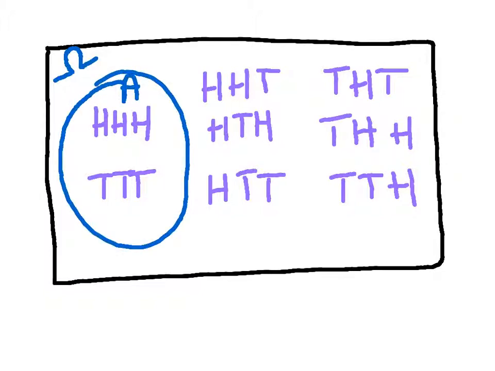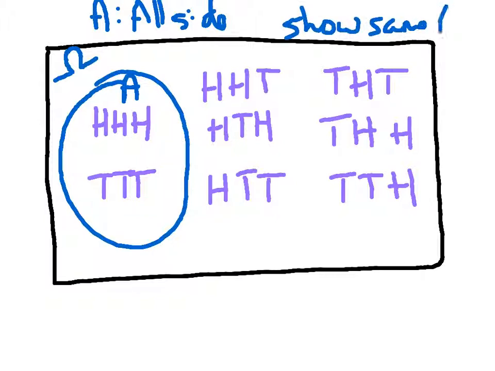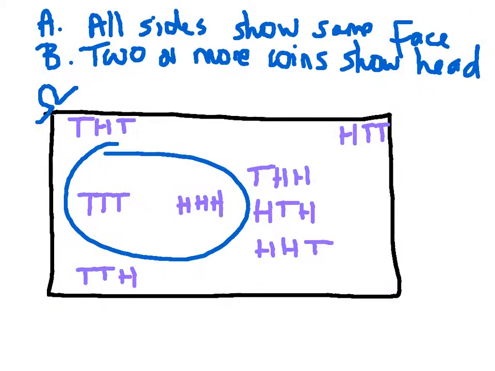So the event we're interested in, that all sides show the same face, is illustrated by this circle. And we can see the simple events that make up our sample space are all listed out, but the event A, denoted by the circle, contains the events we're interested in. And then what's not in A, we can call A complement. Those events that don't fall within A, what is not A, denoted by A complement.